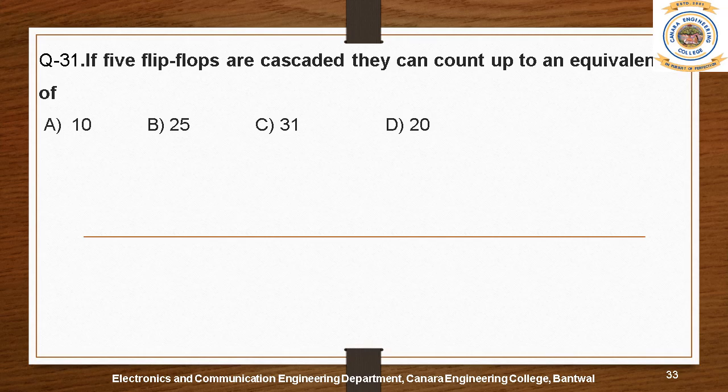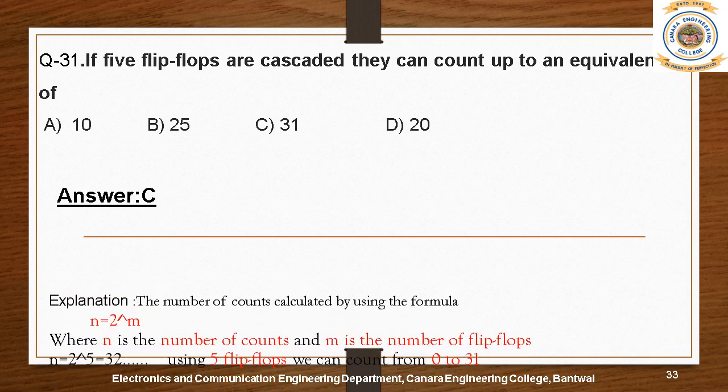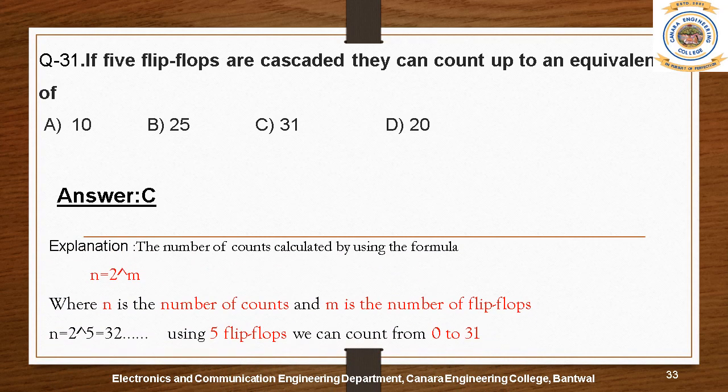That means 5 bit. 5 bit can be represented up to what numbers? 31. So 0 to 31. It is a 32 state counter. 2 to the power 5 is 32. So using 5 flip-flops, you can count from 0 to 31.